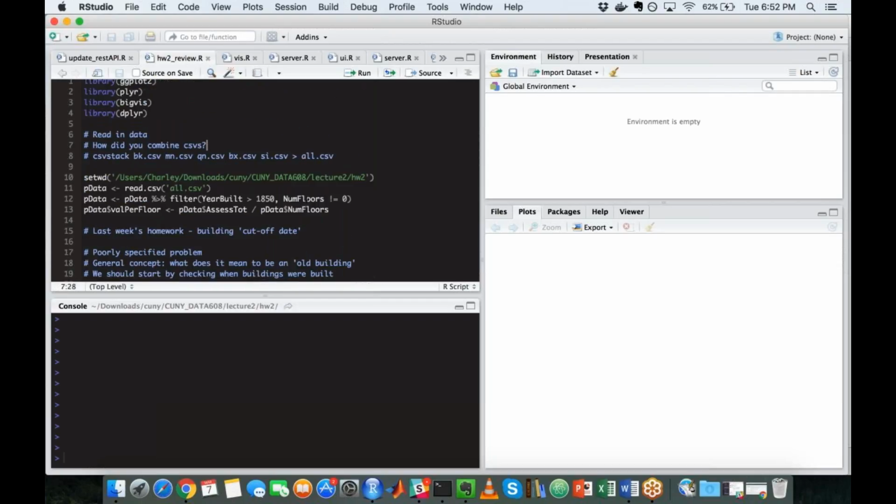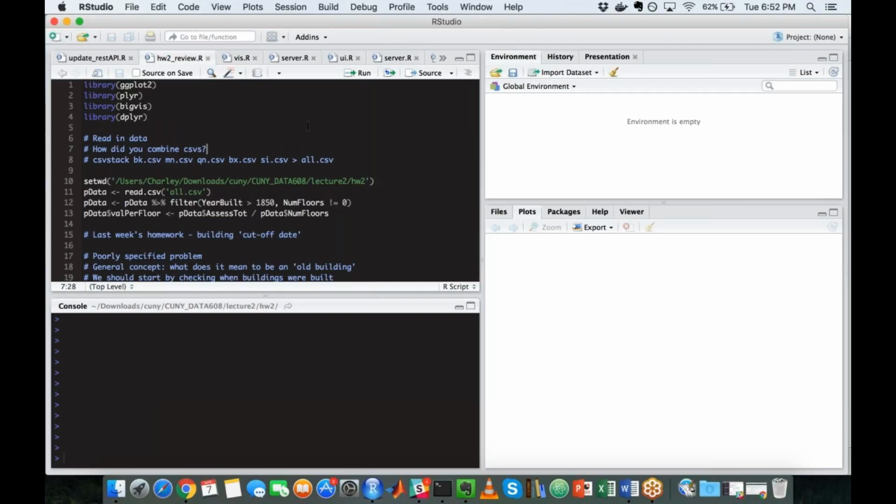So with that, let's get started here. The first step in looking at this data was being able to combine all of these into one CSV. Obviously with this data, it's divided by borough, but with a lot of larger data sets, you're dealing with data that might be broken apart, and there are different ways of dealing with that. Overall, you need to really think about how you're dealing with your data.